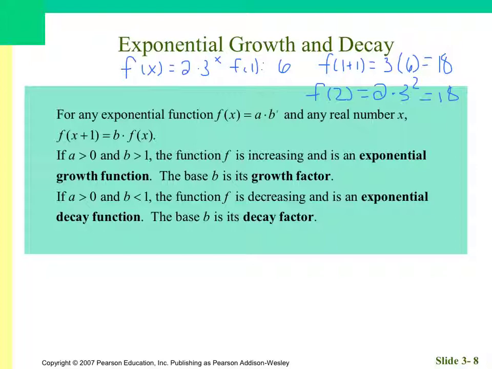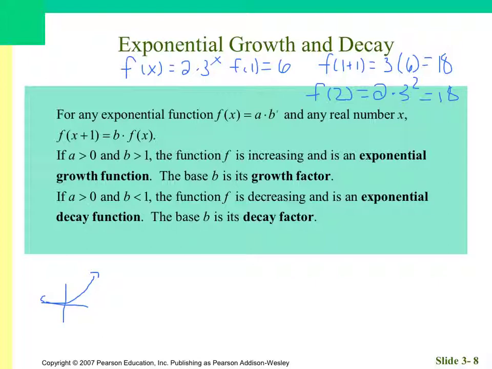Now, if a is greater than 0 and b is greater than 1, the function f is increasing and is an exponential growth function. Exponential growths look a lot like this. Okay? If a is greater than 0 and b is less than 1, the function is decreasing and is an exponential decay.